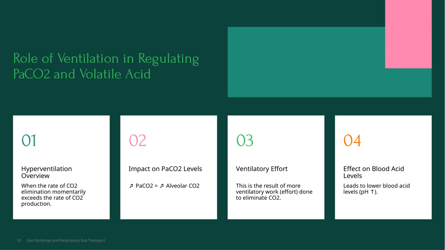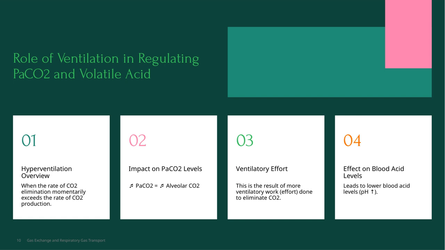You can think of this increased effort in breathing as the ventilatory effort. Basically, your respiratory system is working harder to eliminate the excess CO2. This increased effort results in a greater ventilatory work, which is important to understand because it shows how the body responds to and compensates for changes in acid-base balance.